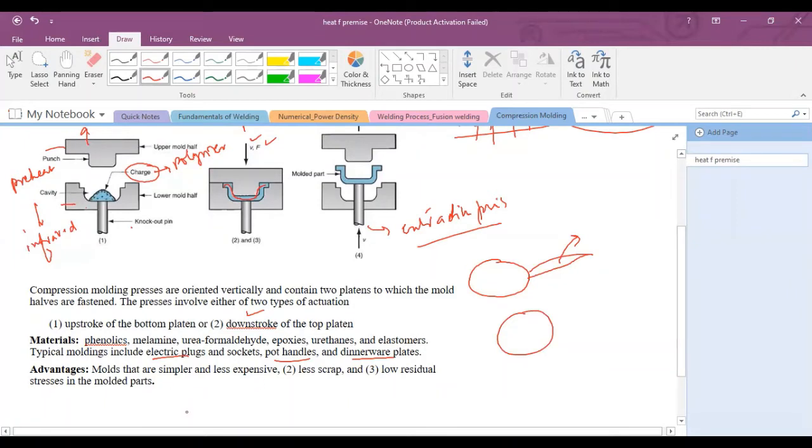The one disadvantage is that this molding takes longer time as compared to blow molding.